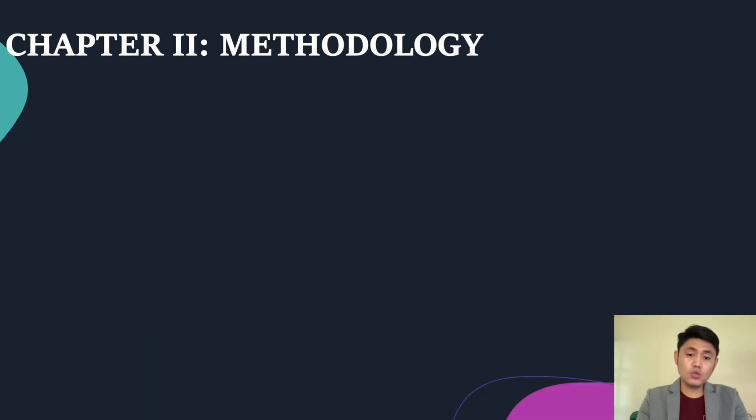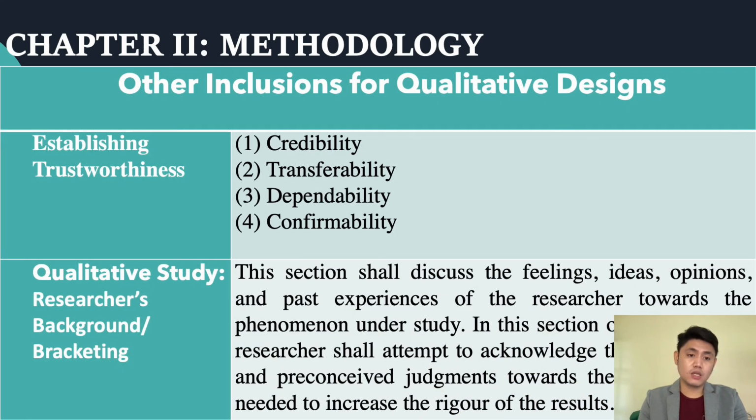But if you choose to do qualitative research, you also have to add other inclusions for qualitative designs. Kailangan nyo din pong magsulat ng establishing trustworthiness, which is one aspect of your qualitative research study, along with the researcher's background or what we call bracketing. Sa atin namang establishing trustworthiness, how will we be able to trust your paper?